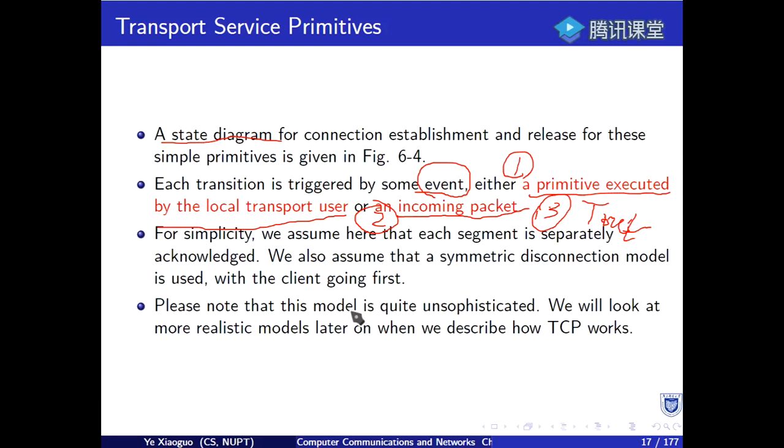For simplicity, we assume here that each segment is separately acknowledged. We also assume that a symmetric disconnection model is used, with the client going first. Please note that this model is quite unsophisticated. We will look at more realistic models later on when we describe how TCP works.